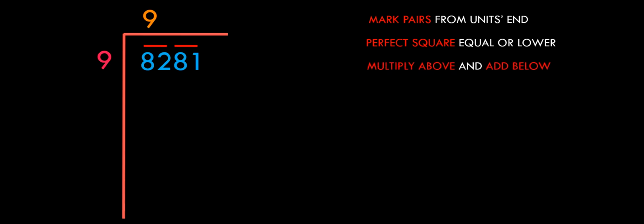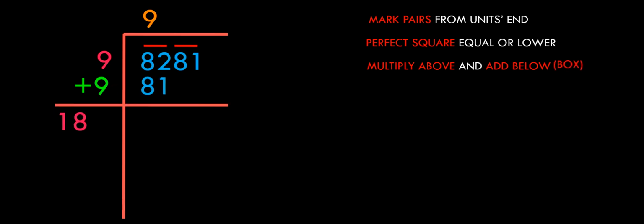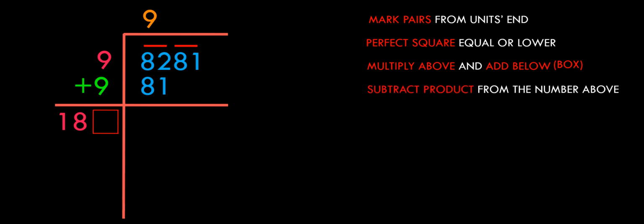Then we will multiply above and add below. Then we will add a box as shown. Then we will subtract the product from the number above. Then we will get the next pair down, which is 81.